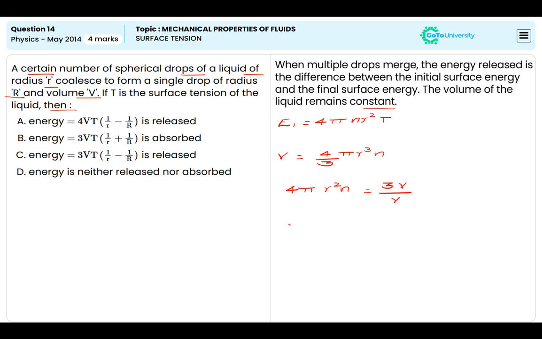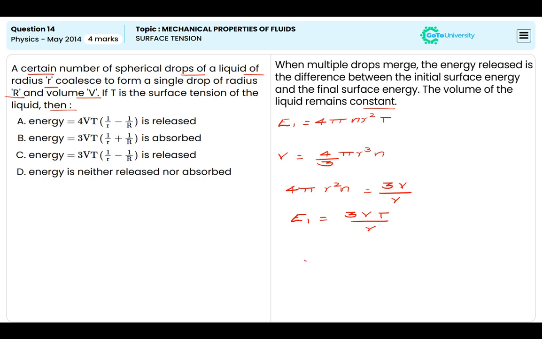Then E1 is equal to 3 into V into T divided by r.